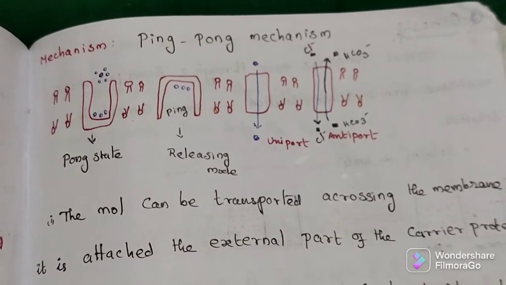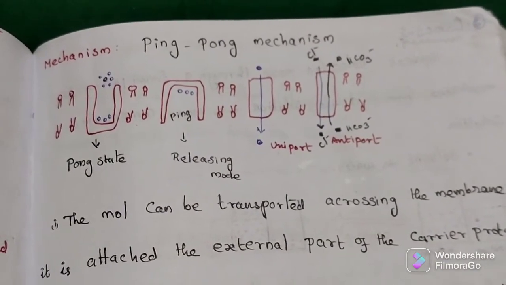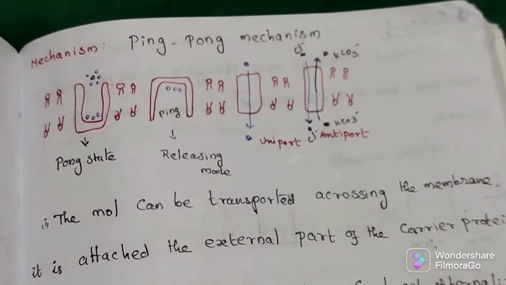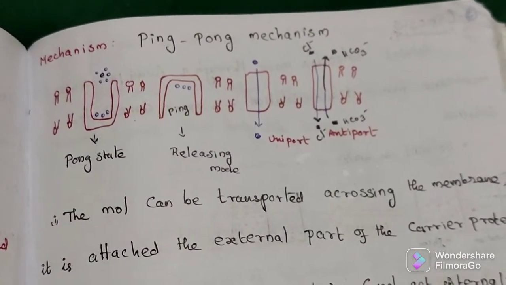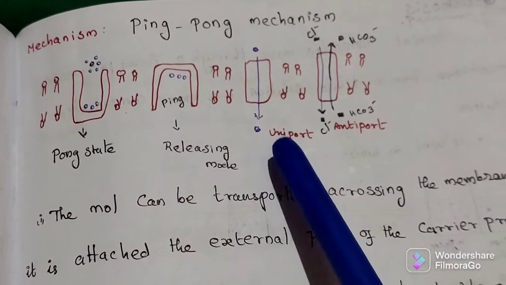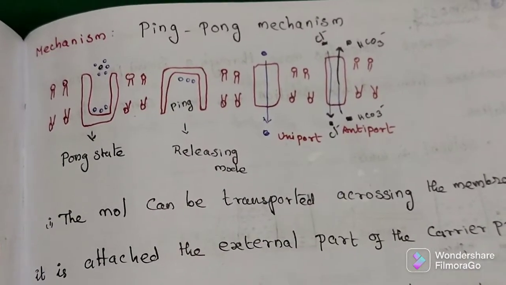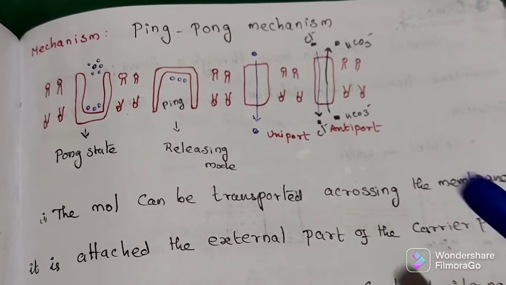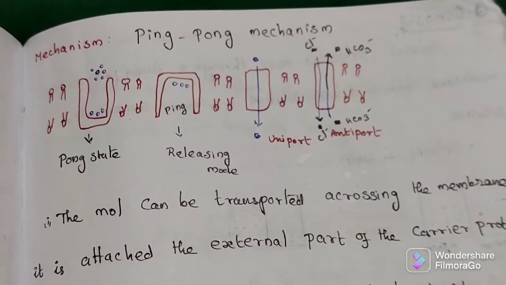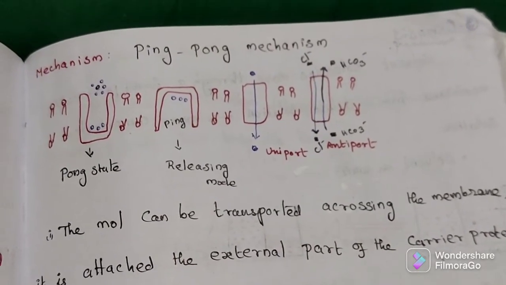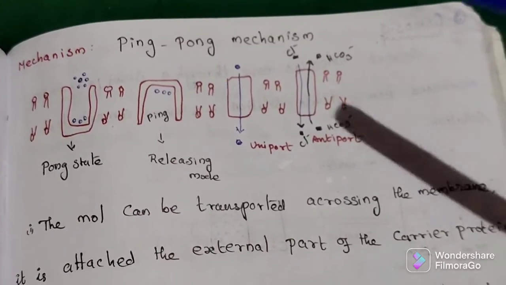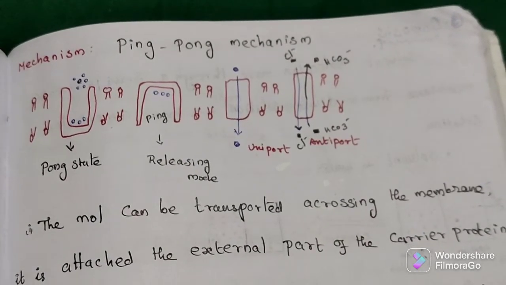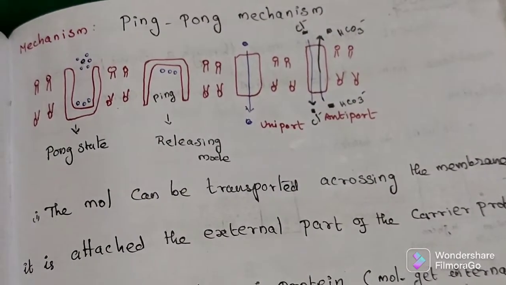In facilitated diffusion, when only one molecule is transported across the membrane, it is known as uniport. When two molecules are involved and they are transported in opposite directions, for example chloride inside and bicarbonate outside, it is known as antiport.